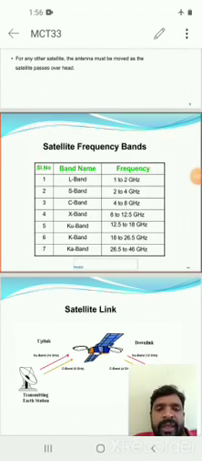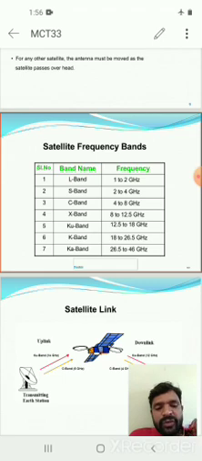Next topic, satellite frequency bands. The microwave frequencies are from 1 GHz to 700 GHz. These frequencies are used for satellite communication.